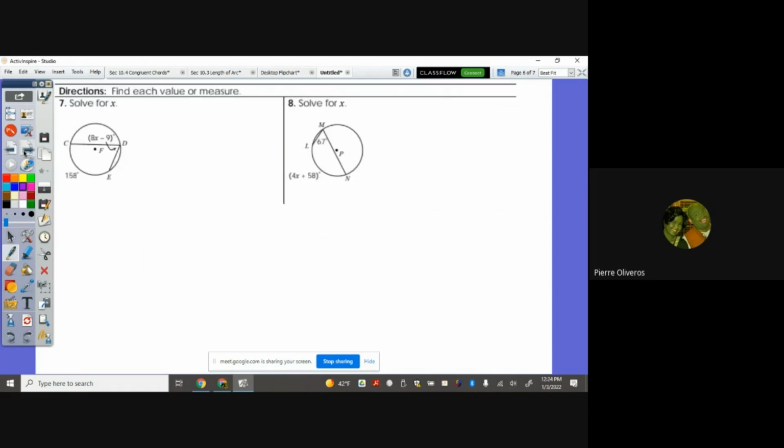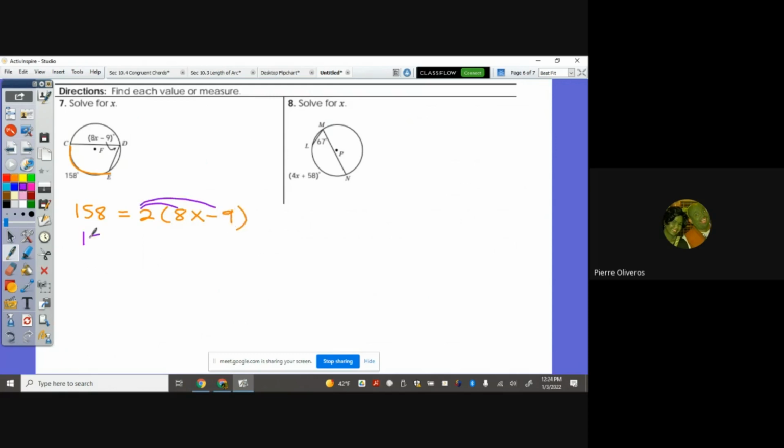Find each value or measure. So for x, we know that the inscribed angle is 8x minus 9, and this is 158. We know that 158, the intercepted arc, is equal to twice the inscribed angle 8x minus 9. So we distribute that.